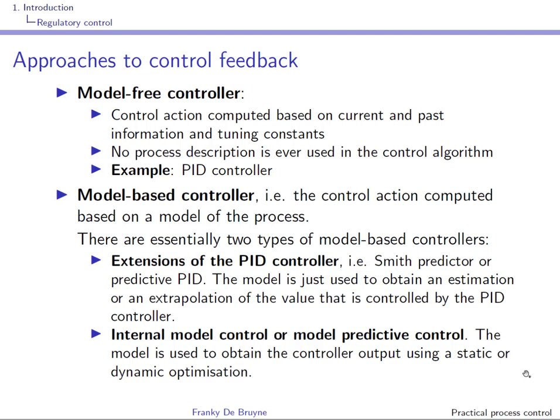A good example of that is, of course, the PID controller. It is a fixed control algorithm in which the process description is not used. Of course, what could be done is that you use your knowledge of the process to tune the PID controller, but the process description is not used in the control algorithm itself.